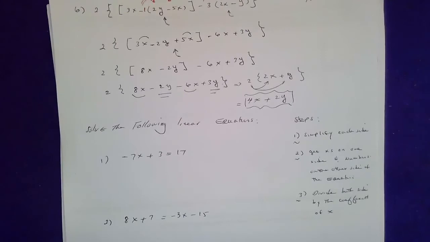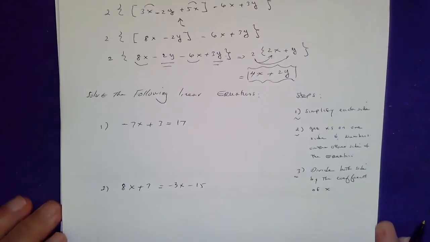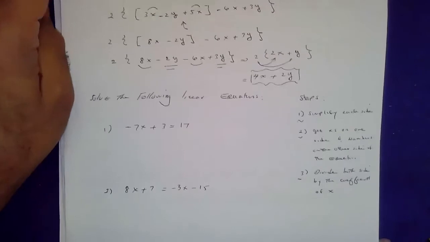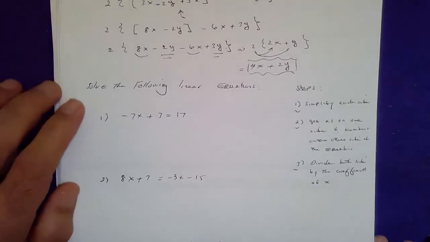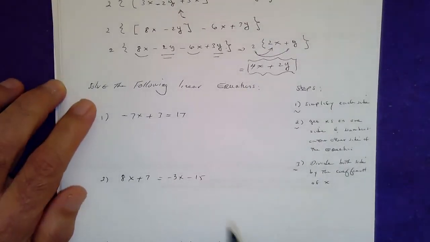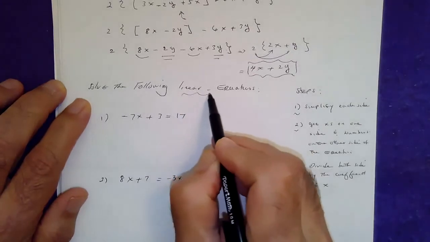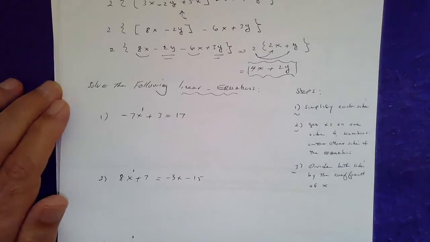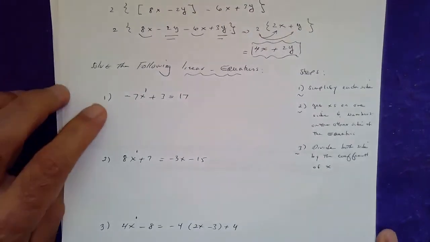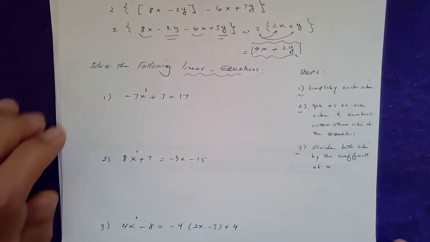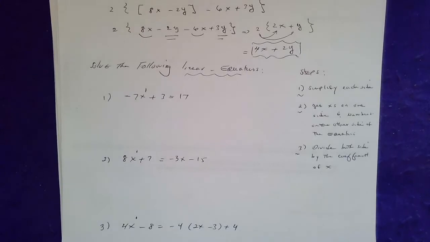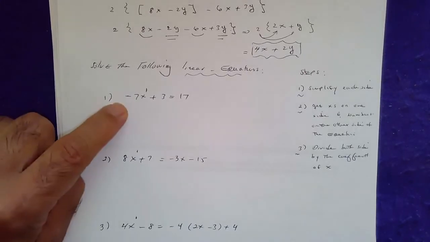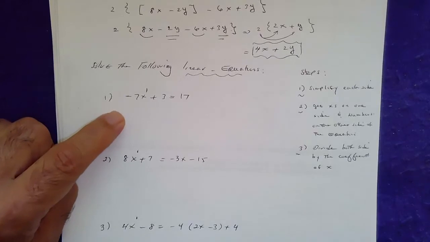Okay. Now that we know a little bit about like terms and combining them, let's start solving the following linear equations. Remember, linear means the power of the x in all of these equations in this chapter will be 1. And that's an indication that there will be only one answer or solution to these equations.